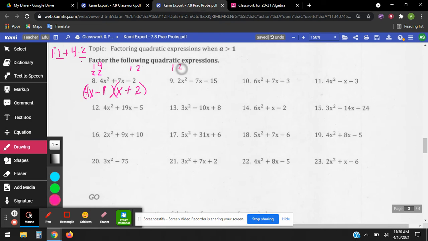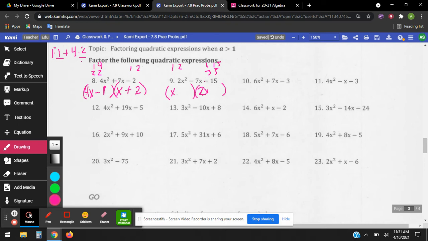2 has 1 and 2. 15 has 1 and 15, 3 and 5. Well, since I only have a 1 and a 2, I know that one of these has to be a 1x. One of them has to be a 2x. It's a subtraction, so I have one of each. So I don't know which one I'm going to need yet. So let's see.